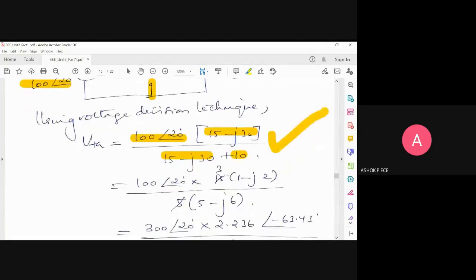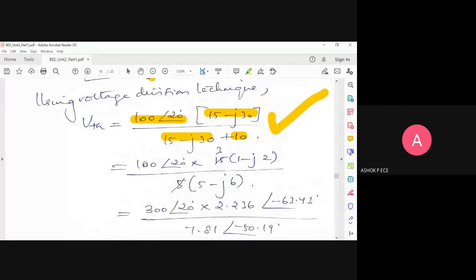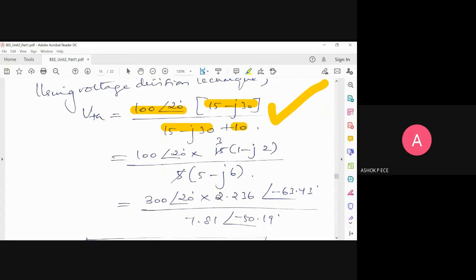15 minus J30, I'm taking 15 outside. So 15 into (1 minus J2), divided by the denominator, 25 minus J30. Taking 5 outside, 5 into (5 minus J6). Now 100 into 3 is 300, so 300 angle 20. And for 1 minus J2, the magnitude is 2.236, and tan inverse of minus 2 by 1 is minus 63.43, which is your angle.